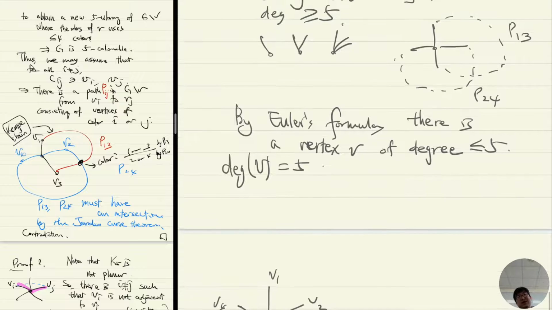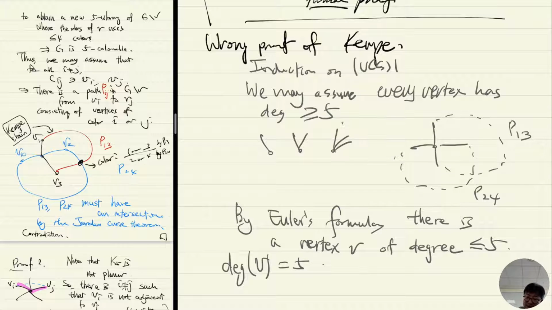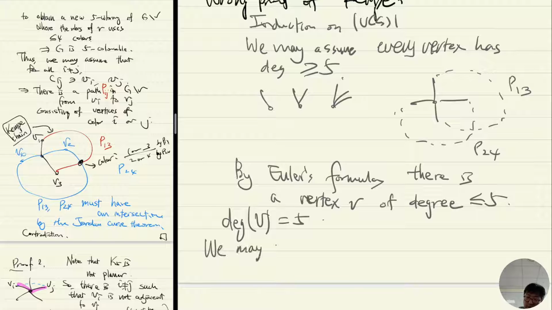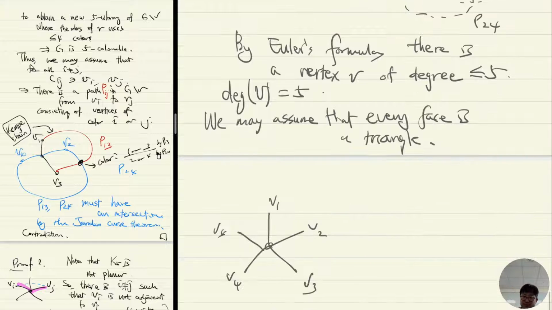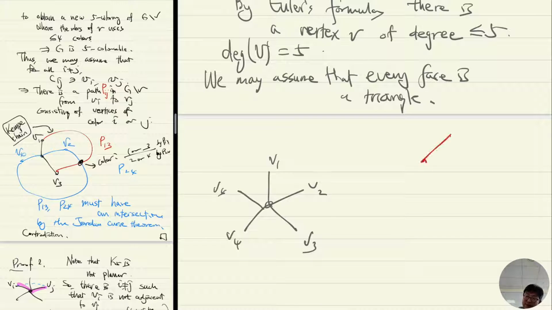By the way, we can assume the graph is a triangulation. I should have written somewhere before. We may assume that every face is a triangle. Why? Because if a face is not a triangle, you can maybe add a chord, right? Is that simple? Can I always add a chord? No. Actually, there is one case which may be dangerous.